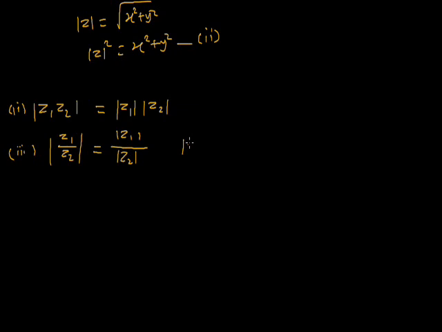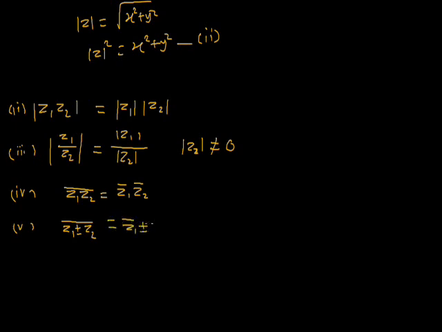But the necessary condition is that modulus of z2 should not be equal to 0. Now the fourth property will be the conjugate of z1 into z2, which is exactly equal to conjugate of z1 into conjugate of z2. The fifth property, the conjugate of z1 plus z2 or z1 minus z2, is exactly equal to conjugate of z1 plus minus conjugate of z2.